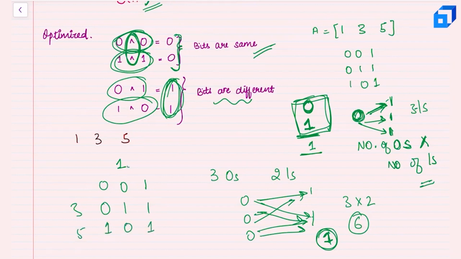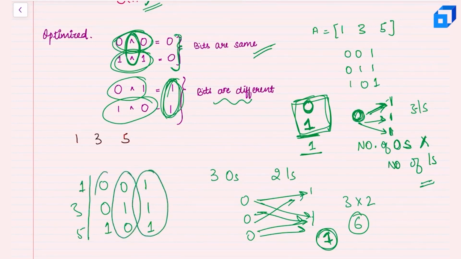So what I can do is go to every bit position, and count the number of ones and the number of zeros. Then I can simply multiply them, because each of those pairs will be contributing 1 to the answer.